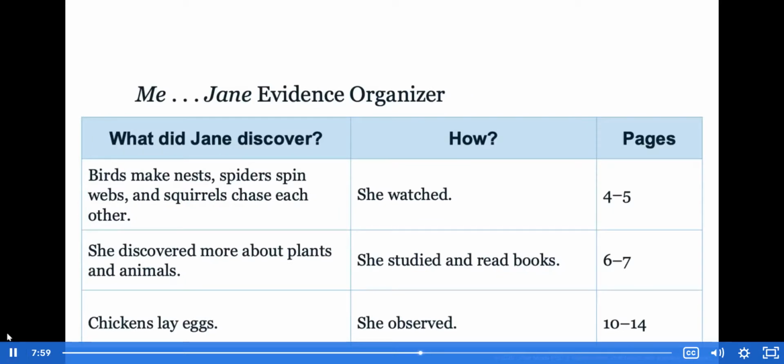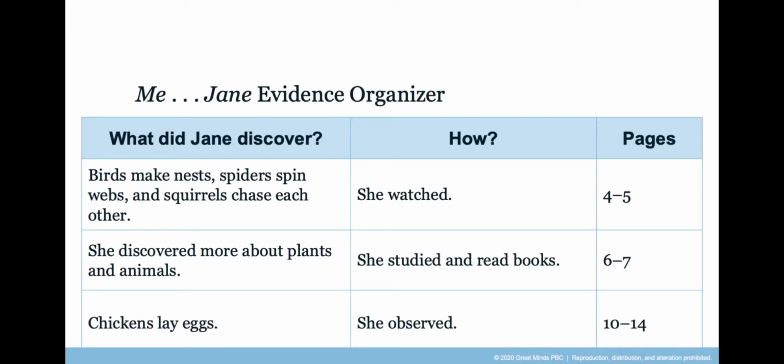Okay, take a look at the evidence organizer. Jane discovered birds make nests, spiders spin webs, and squirrels chase each other. And she learned this by watching. Let's look at the evidence we collected from pages 6 and 7.